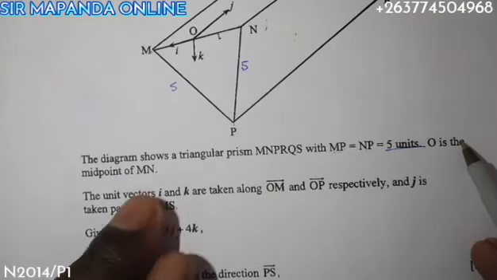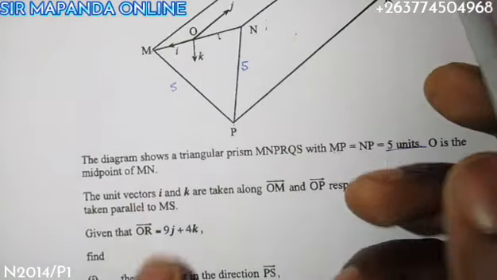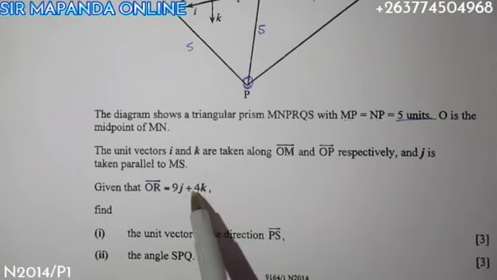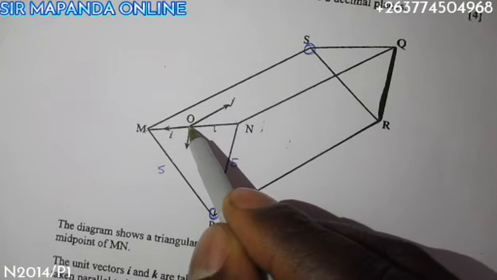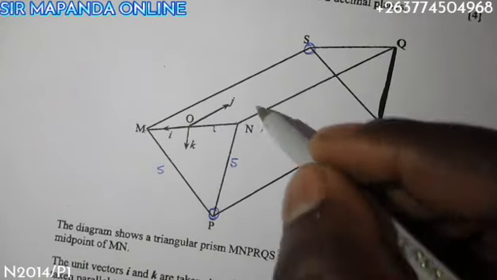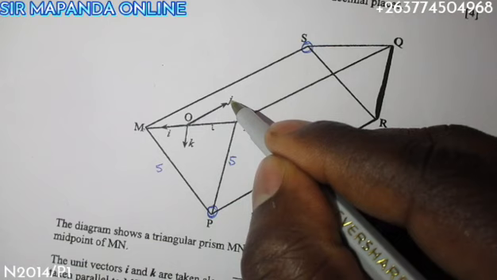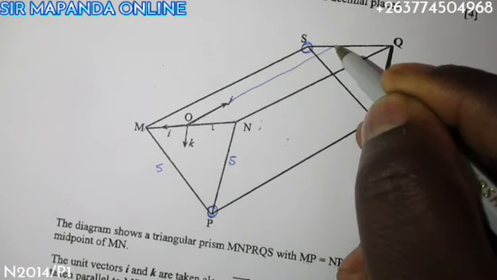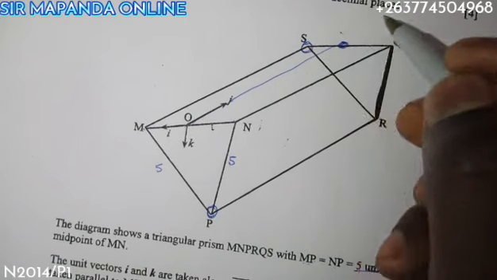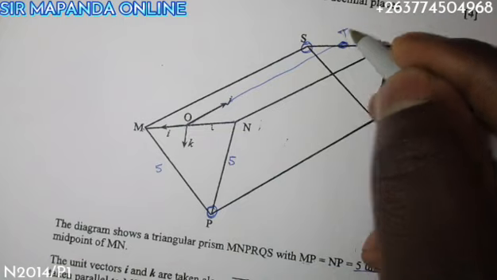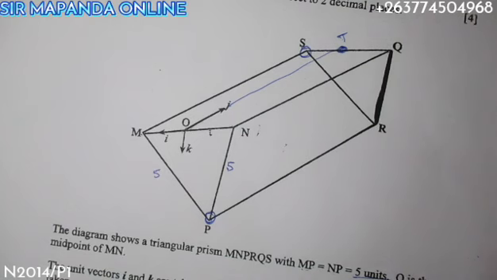O is the midpoint of MN, right? OR equals 9j plus 4k. It means for someone to move from this point O to R, you are going to move in the j direction up to the midpoint of SQ, which I'm going to label T, as the midpoint of SQ, not in the diagram, but we are generalizing.